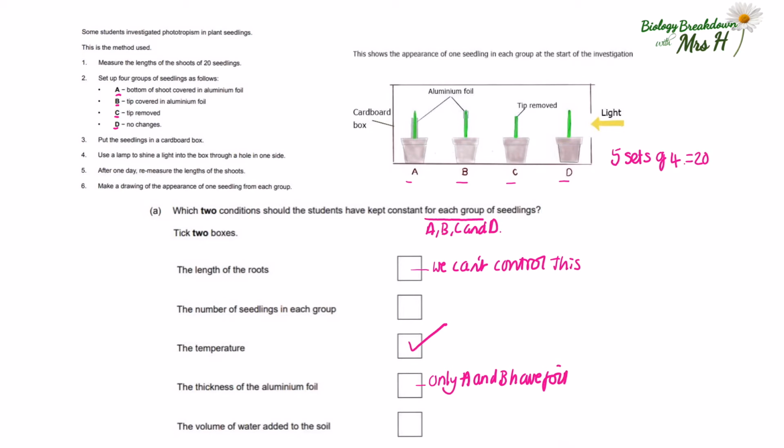If you were looking at all the groups in the repeats, then yes, the thickness of the foil for A and B needs to be the same for all of your repeats. But when you're looking at comparing A, B, C and D with each other, they haven't all got foil on the top, so that's pointless, so that's not an option. The volume of water added to the soil, yes, we need to make sure A, B, C and D have the same volume of water added.